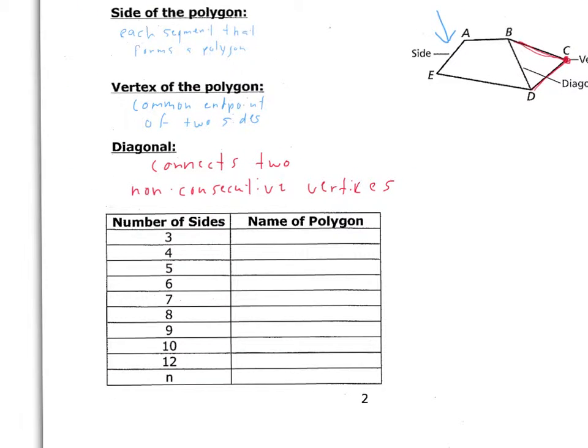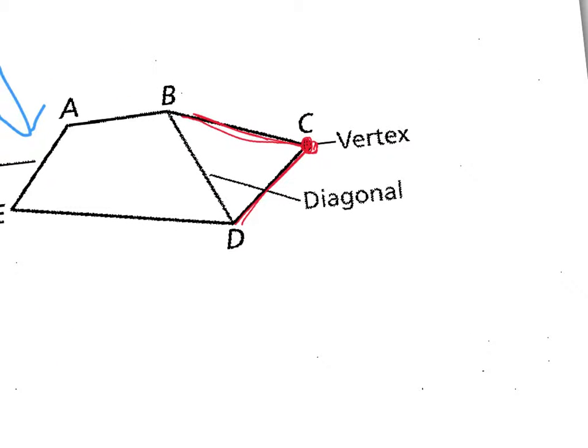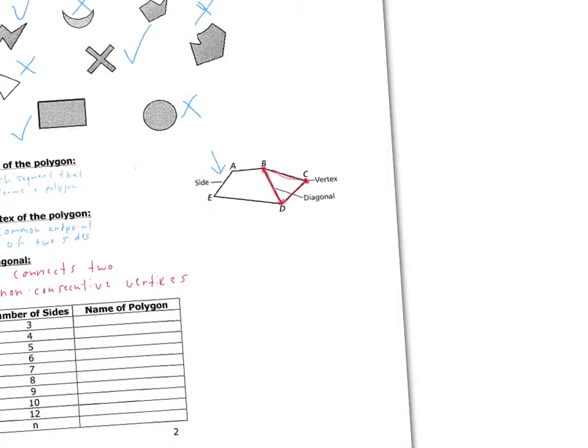Okay, so connects two non-consecutive vertices. Okay, so if you look over here, your diagonal, this guy, he connects vertices, which is B and D, but they are not in a row. They're non-consecutive. Okay, so these are the three terms that I want you to be aware of today. Side of a polygon, vertex of the polygon, and diagonal.